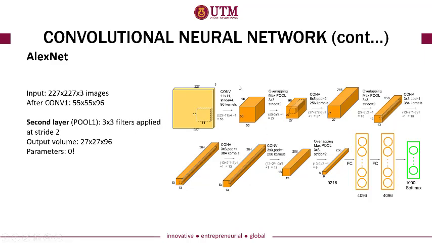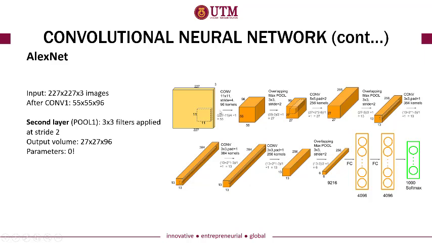So you can see the first operation is a convolutional layer. You have 11 times 11, what does this refer to? This is the filter size, 11 times 11, and then the stride equal to 4.